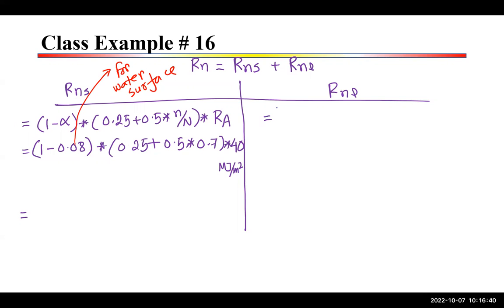Okay. Now, Rnl, I told you to make sure that there is a negative sign. Make sure you use that. So that is the negative sign. What is the other part of that equation? Help me with that.